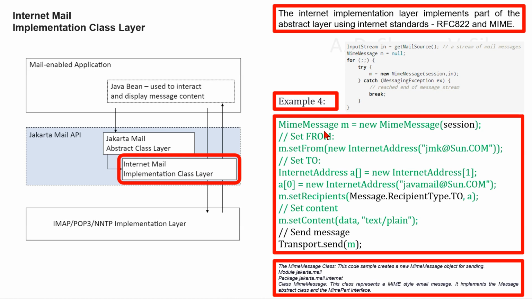It implements the Message abstract class and the MimePart interface. The MimeMessage class extends Message and implements MimePart. This class implements an email message that conforms to the RFC 822 and MIME standards.